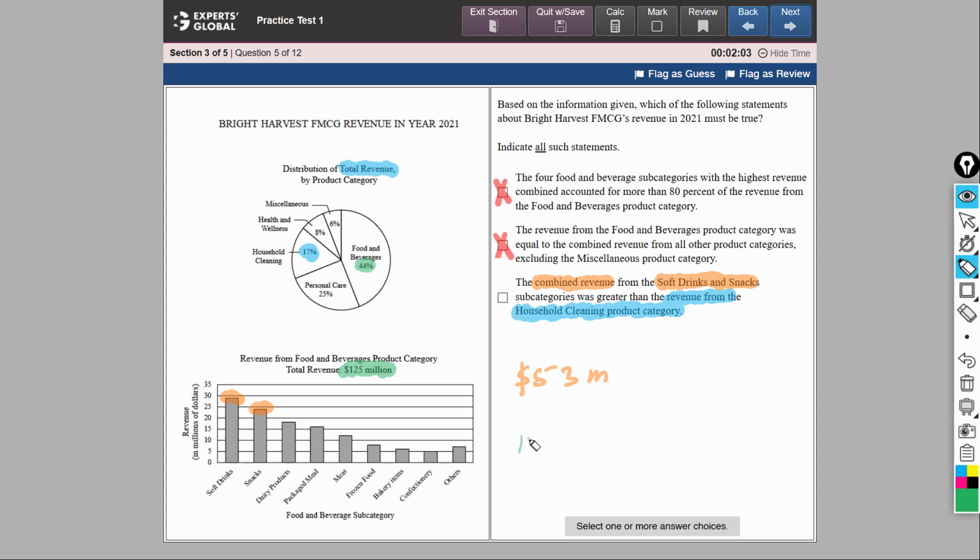Therefore, 1% of the revenue would be these many million dollars, and 17% of the revenue would be 17 times as much. This is approximately $48.3 million. Yes, the first value is greater. So this last statement is correct.